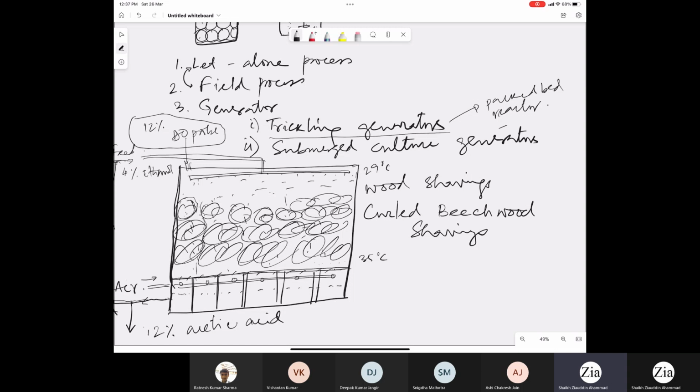If you have a higher concentration of acetic acid, that can also create problems for the bacteria responsible for vinegar production. So typically, a maximum of 14 to 15% acetic acid can be obtained from this kind of system. If you want 20% acetic acid or 30% acetic acid, then you have to go for distillation.